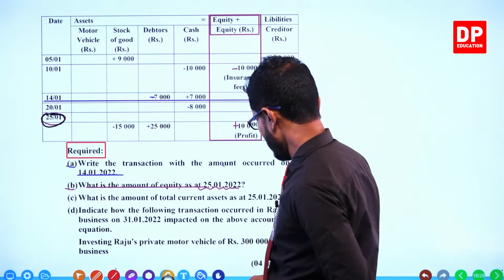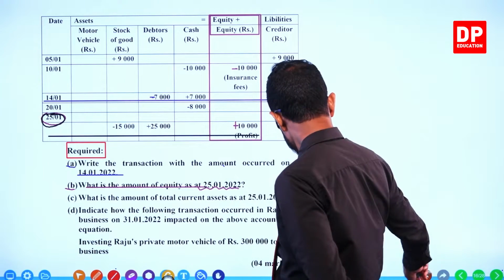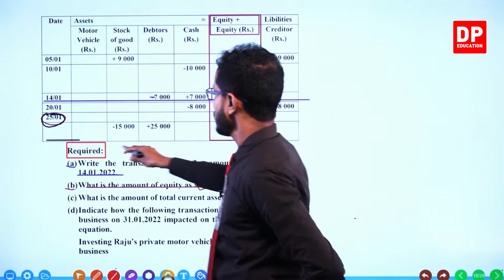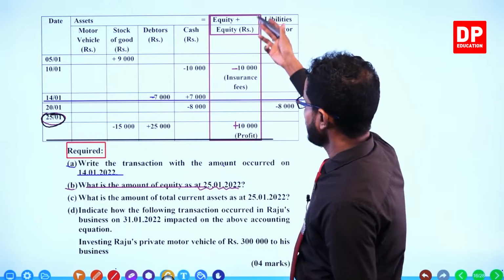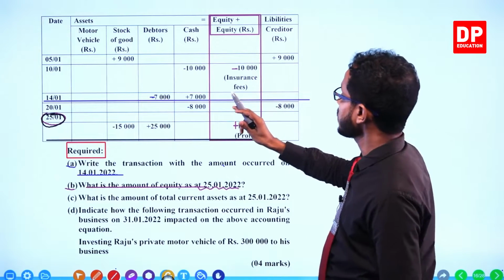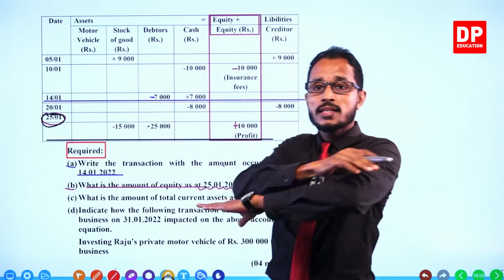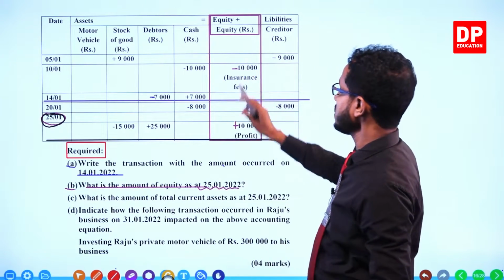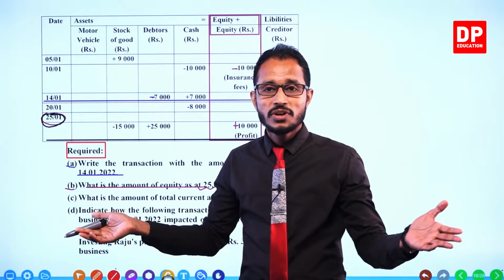When we end this month, in the equity column, there is a minus 10,000 and plus 10,000, which means minus 10 plus 10 gets cut off. There is no difference.